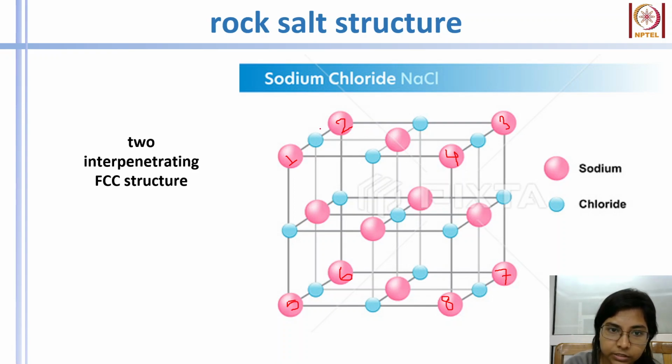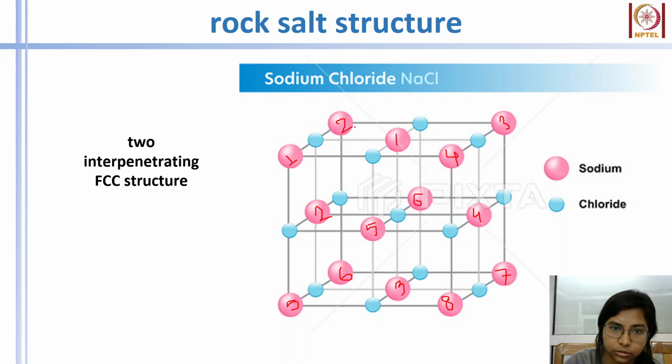Now we will see that in each face, at the center of the face, one atom is also sitting. So if we count them, we use 1, then 2, 3, 4, 5, 6.